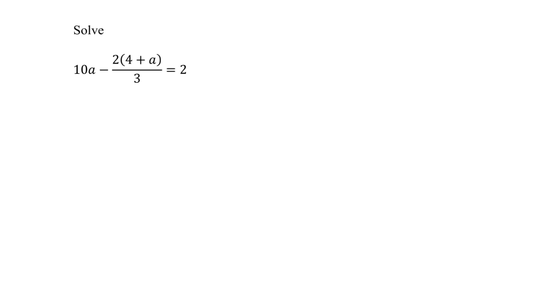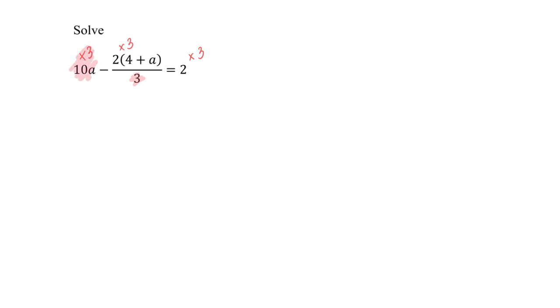Hello everyone, welcome to this part of the problem where we are required to solve this equation here. I saw a denominator 3 and I don't like it. So this means that I am going to multiply by 3 to all the terms, so that when I do that, there will no longer be any denominator.